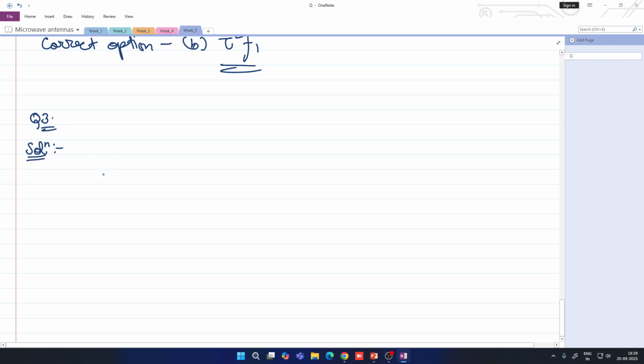So the reflector element in a Yagi-Uda antenna is longer than the driven element. So that's what a Yagi-Uda antenna looks like.